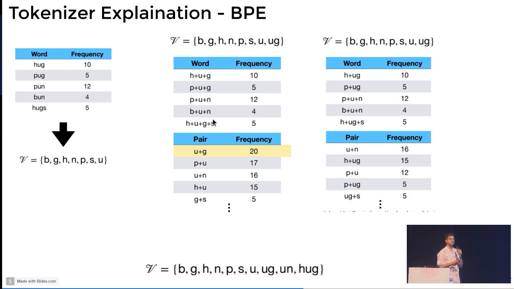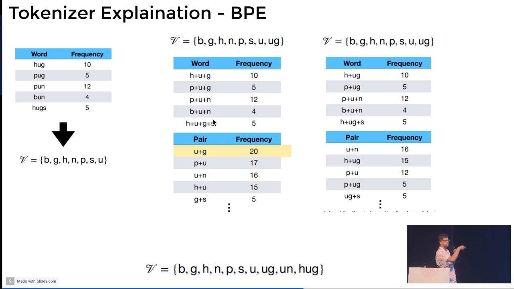So for example, let's say you have a large corpus of text. Here, let's consider the whole corpus contains these words: hug, pug, pun, bun, hugs. And if you calculate the number of occurrences of each word in the corpus, for hug it's 10, pug is 5, pun is 12.